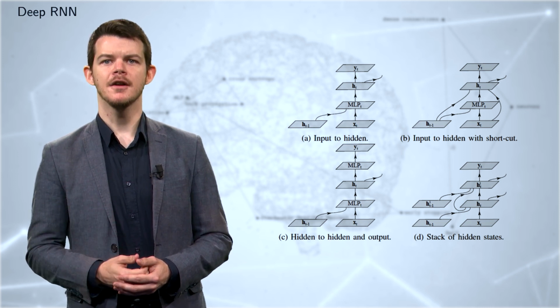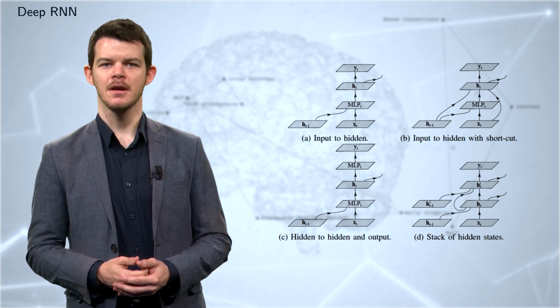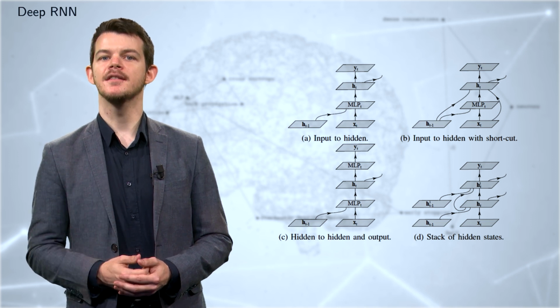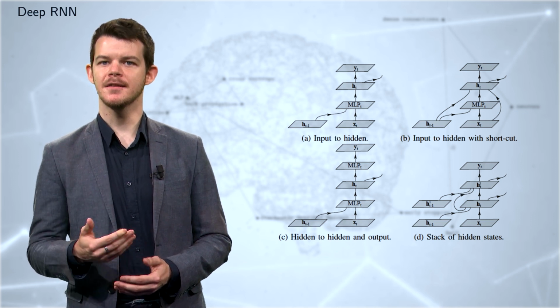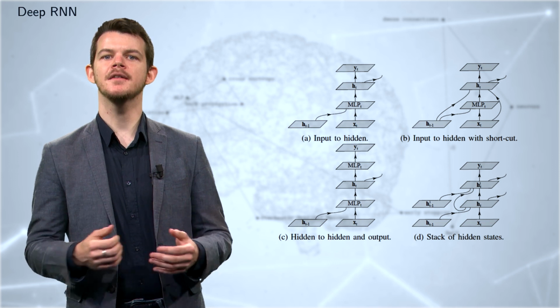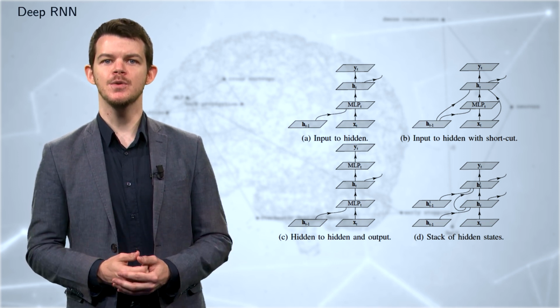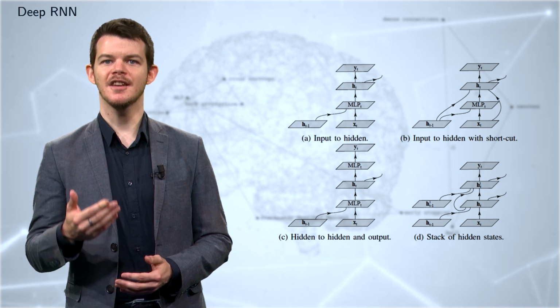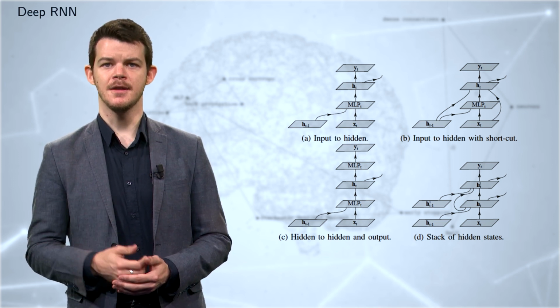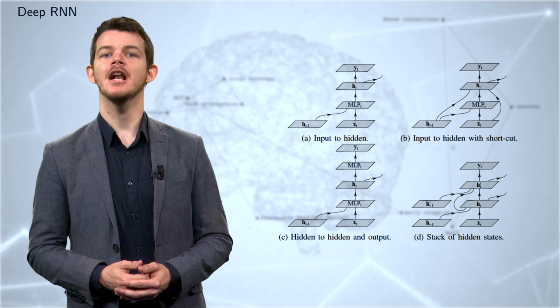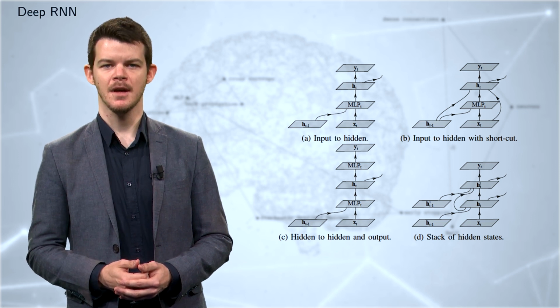RNN C has almost the same architecture as RNN A, but the output layer is replaced by an MLP. RNN B contains shortcut connections between hidden states. The components of one hidden state are used by, for example, adding the components to the new hidden state. This is the same idea as in ResNet. These shortcut connections may help the optimization procedure.